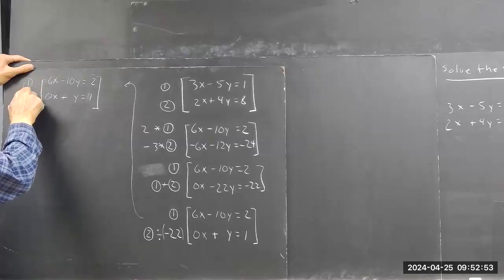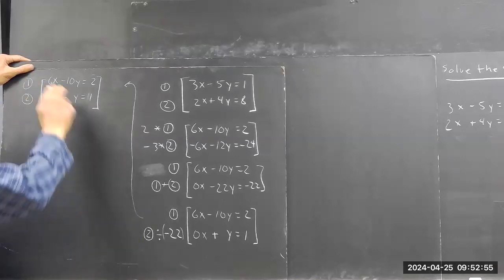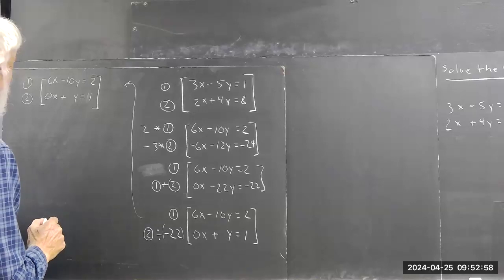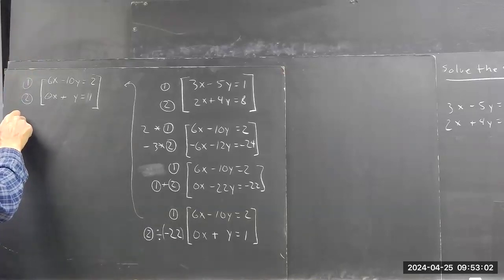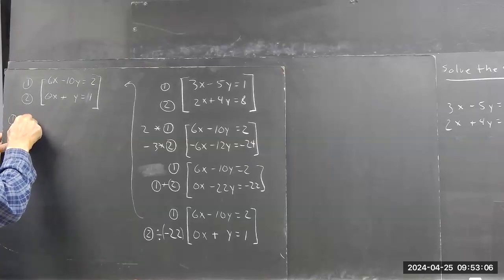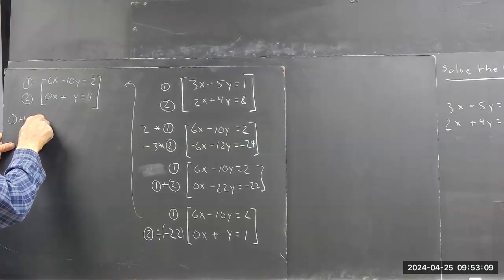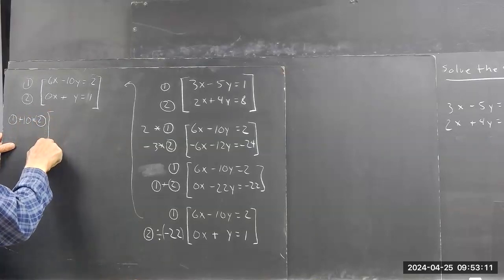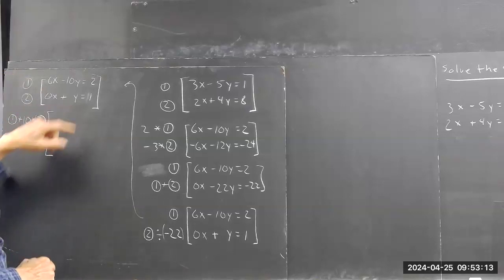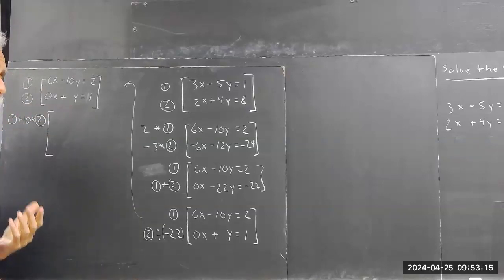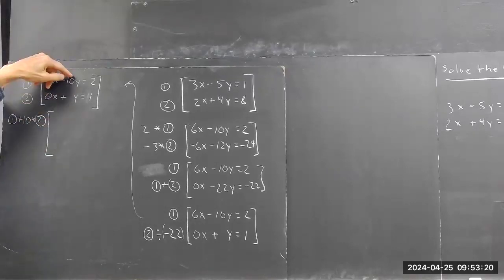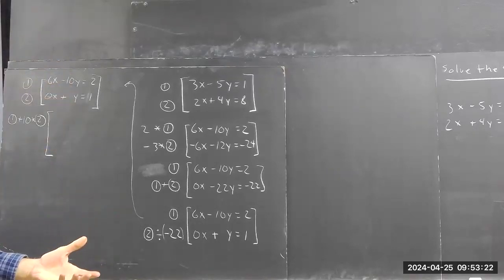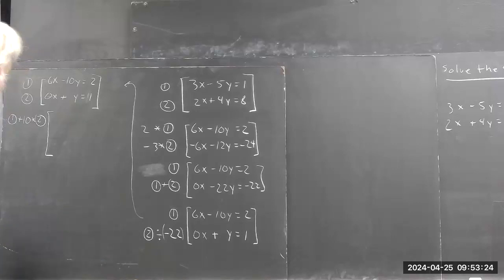So again, this is just a copy of what we got down here. Next thing we're going to do is add row 1 to 10 times row 2. Why would we do that? Well, because if we add 10y to negative 10y, we eliminate y. So this will eliminate y.